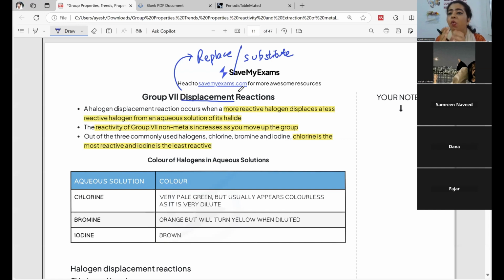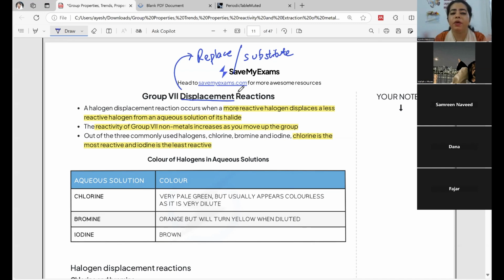It means one halogen can come and replace or displace another halogen. In other words, let's say you have three friends in one group, and another friend from the outer circle comes and replaces one of you. She can replace only if she is stronger, having more abilities and more connections, so that she can come and replace one of you.